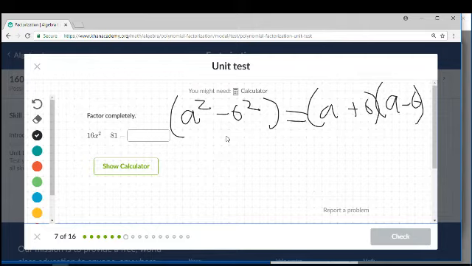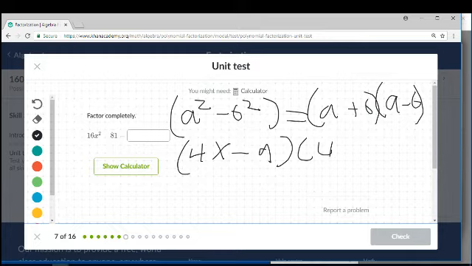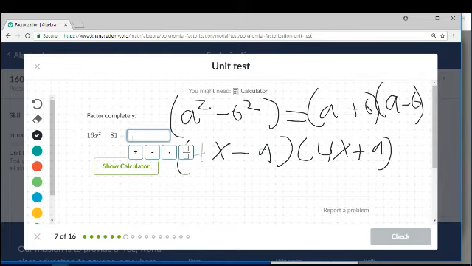All right, this is going to be 4x minus 9 and 4x plus 9.